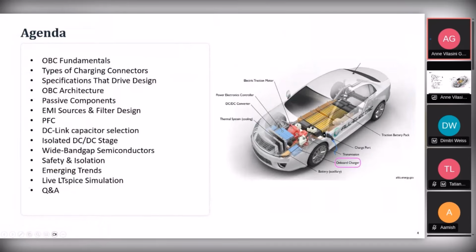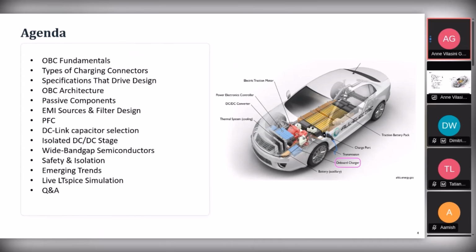So good evening, everyone. First of all, thanks for joining this webinar. In this webinar, I will start with the fundamentals, so what an onboard charger is, and then give you an overview of how you charge an electric vehicle, and then we'll work our way through the charger itself, block by block, the various passive components present inside it.